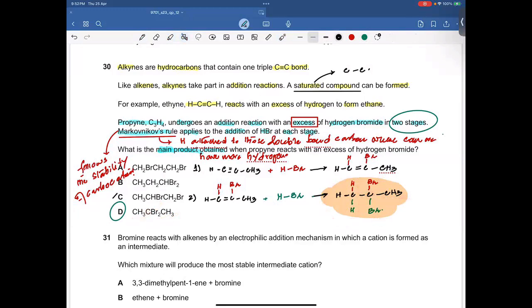A is incorrect because there, bromines are attached to adjacent carbon atoms, which is not possible. Now, B is also incorrect. Although both bromines are attached to the same carbon, these two bromines are attached to the center carbon atom, whereas these two bromines are attached to the corner carbon atom, which is not possible.